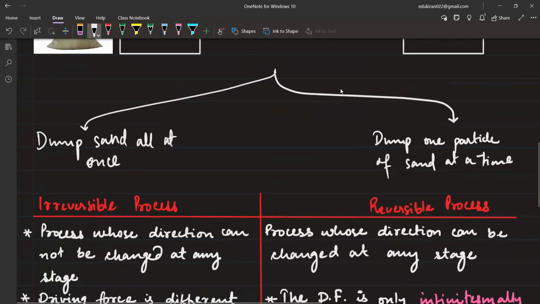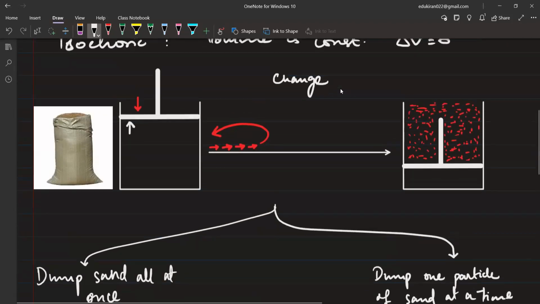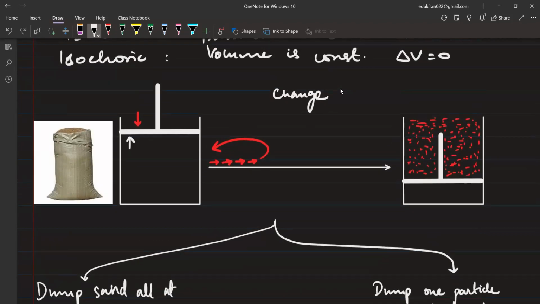If you look at this particular point, then here you will understand, when I am adding only 1 grain of salt, then opposing force and driving force are almost equal, so we will say that at each stage equilibrium is maintained, है ना। I mean if you add 1 particle of the sand, then you added another particle.